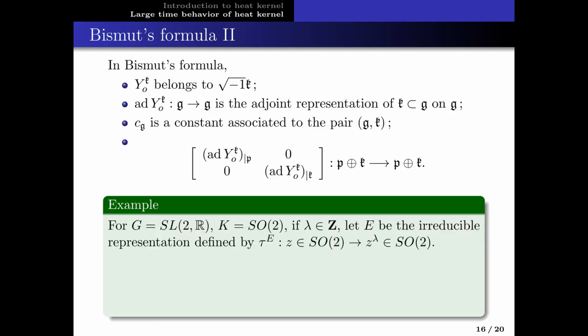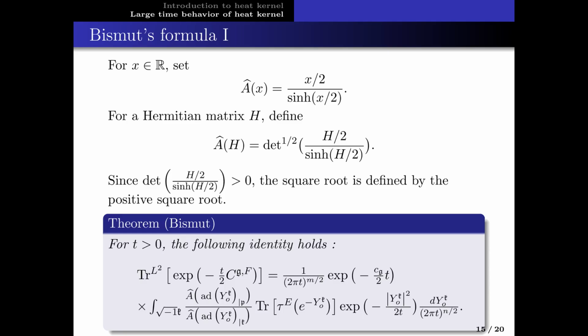So maybe one comment about this formula: you can see that in Bismut's formula, he distinguished the k part, which is in the denominator, and the p part, which is in the numerator. So this part is the representation theory information, and this part is the Gaussian.